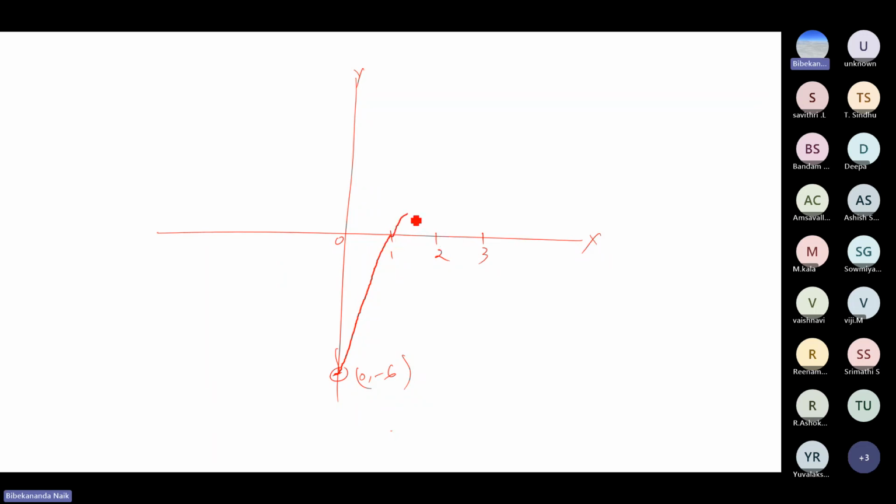Then it will go negative, and then it will go to 3 and cross 3. And then it will go like this. It is not actually so smooth in my drawing, but the curve should be smooth. So this is y equals x minus 1 into x minus 2 into x minus 3. So this is the graph of this function.